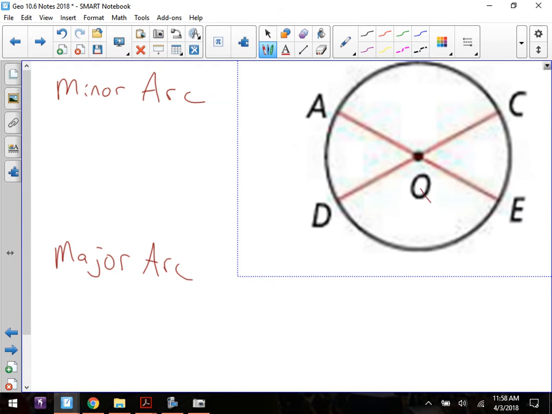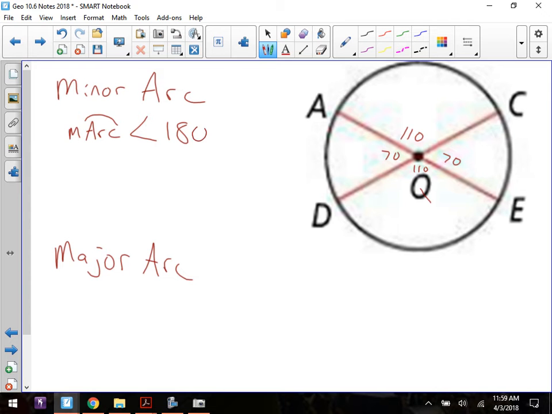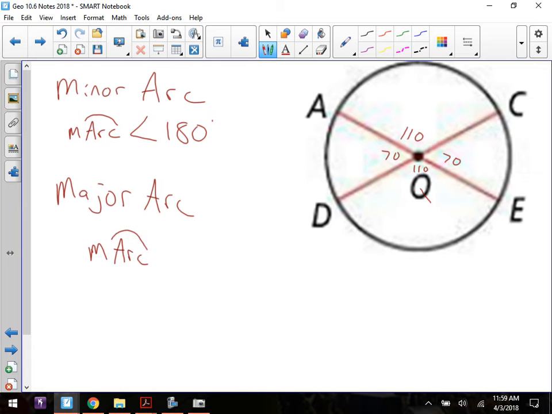This was Q, this was 110. A minor arc is less than 180 degrees. For a major arc, the measure of the arc is greater than 180 degrees.